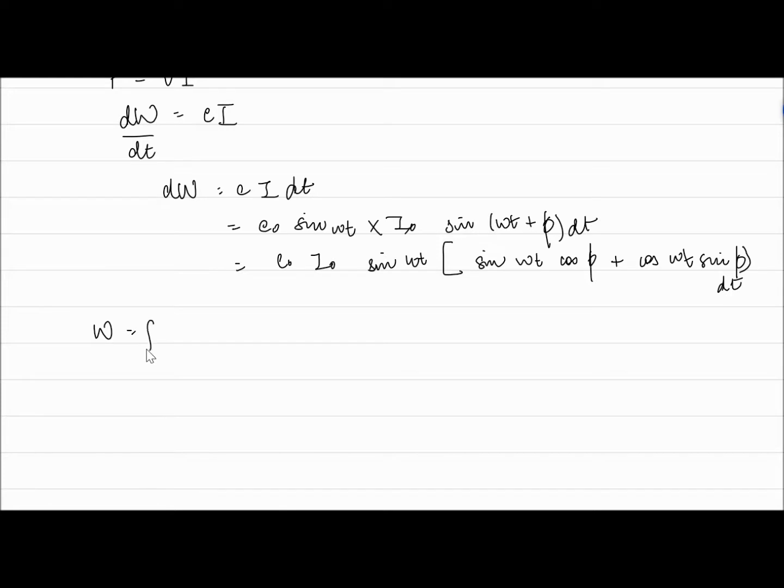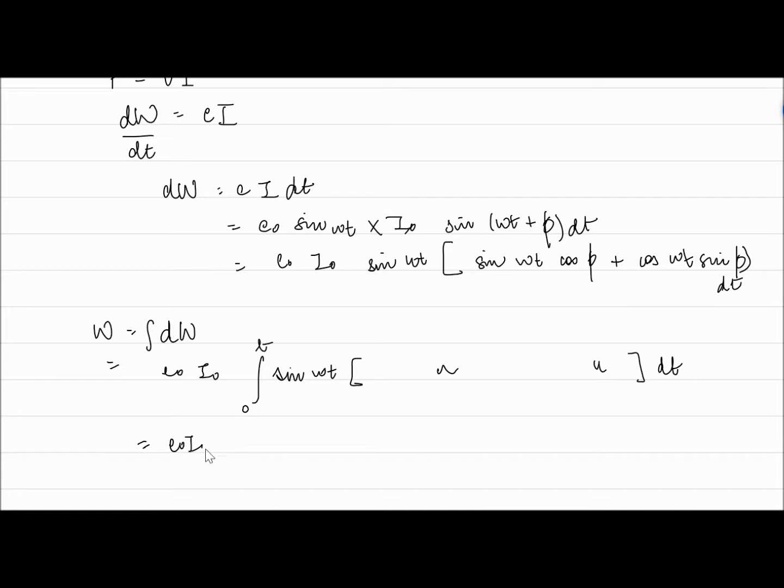To find out the work done, we'll integrate dW, which will be equal to E naught I naught, we take it outside, we take the limits as 0 to t, sine omega t, in the bracket we have this whole thing, dt.